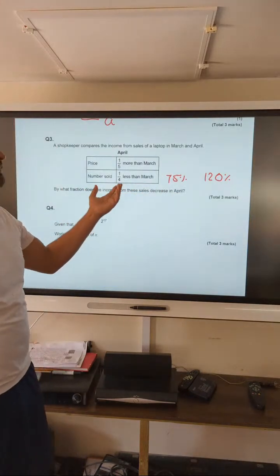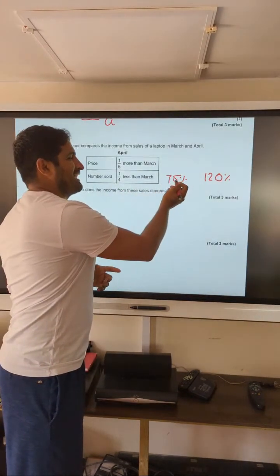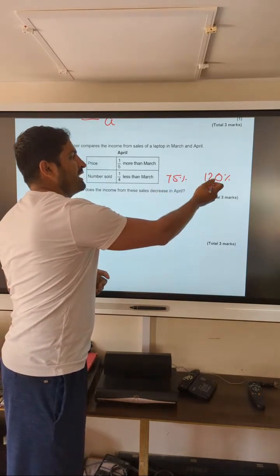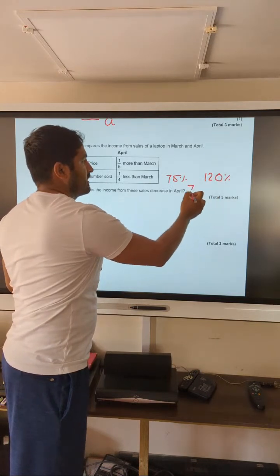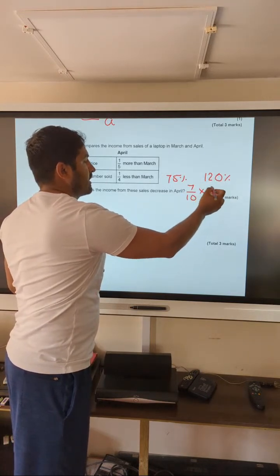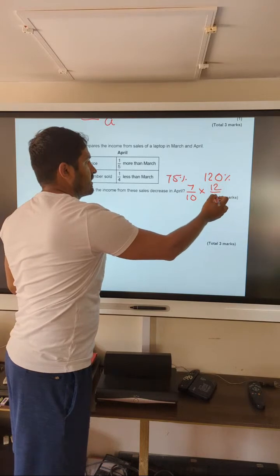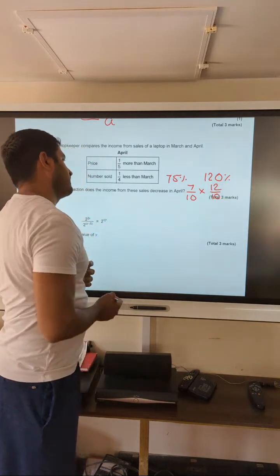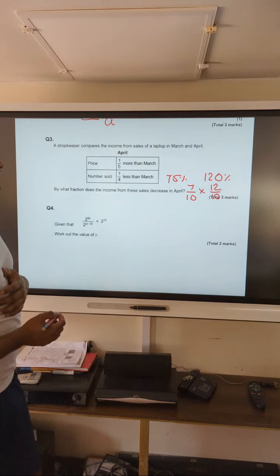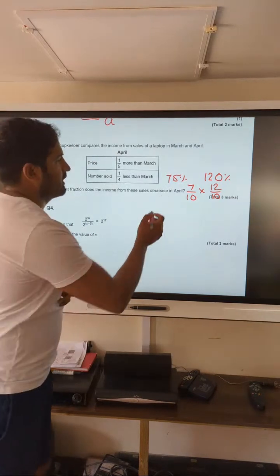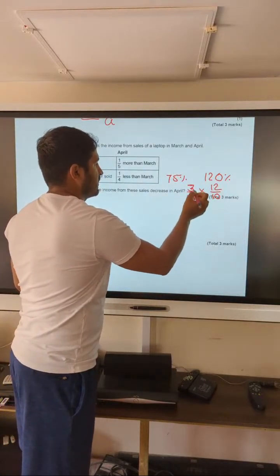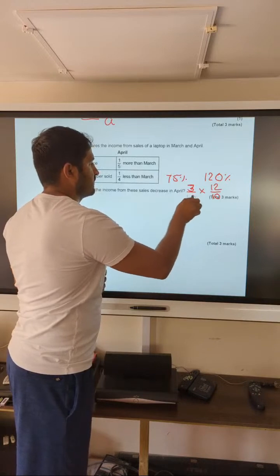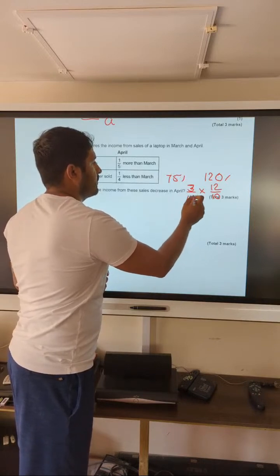Anyway, so 75% and 120%. In the fraction world, that would be 75 over 100, which is 3/4, times 6/5.